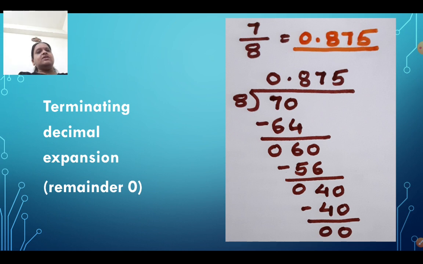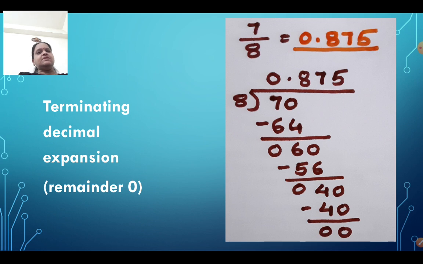Means what? There are three things. One is terminating decimal expansion, second is non-terminating but recurring, and the third one is non-terminating and non-recurring. And which terms will come in which group of numbers, that also we will see.